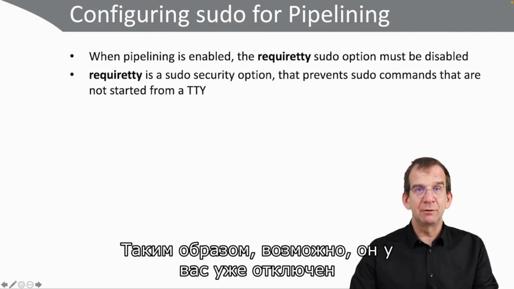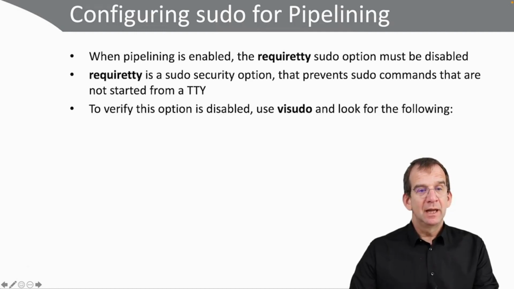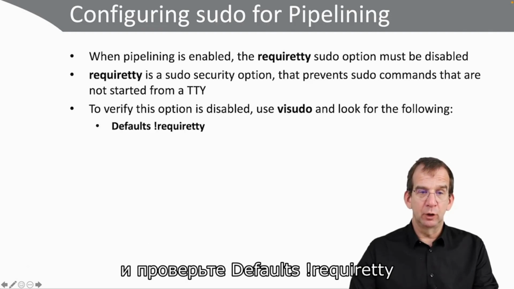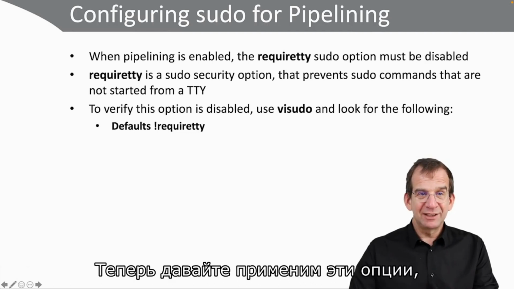So you may already have it disabled, or with SSH-optimized Ansible specifically. To verify that this option is disabled, use visudo and look for Defaults !requiretty to specifically turn it off.